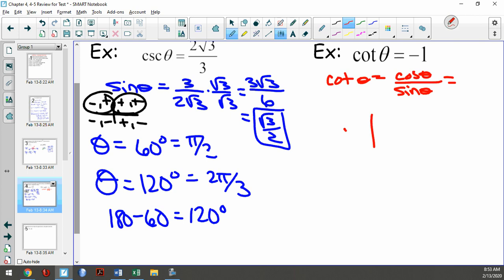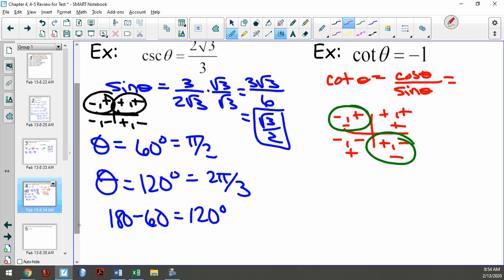So where is my cotangent negative? My quadrants are going to be 2 and 4. My cotangents are negative there, right? My x over my y, x divided by y, okay?